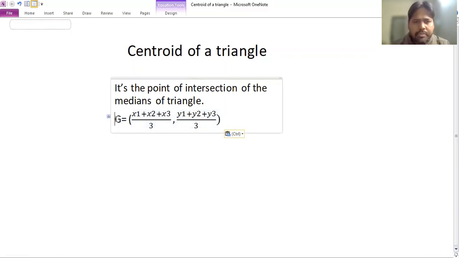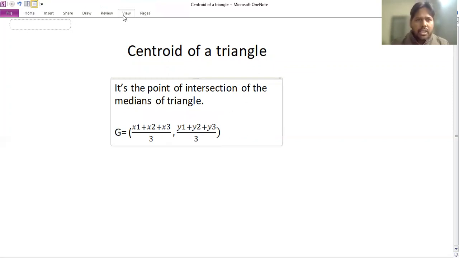In a very short discussion, let us understand what exactly median means, or take a quick review of the meaning of the medians. Medians are the lines that are drawn from the vertex of any triangle that divide the opposite side of the triangle into equal halves, and such a line is treated as the median.